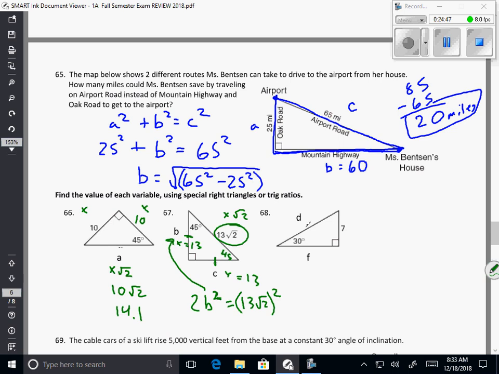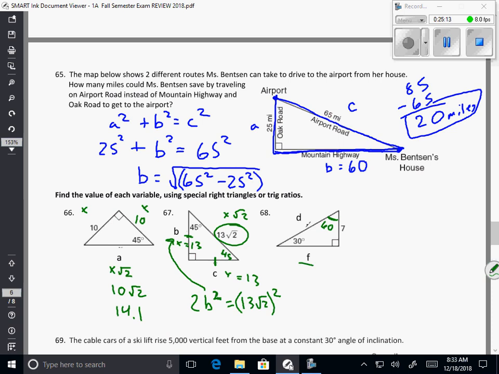On 68, we have a 30, 60, 90. This is 30 degrees. This one's 60 degrees. So again, we can use trig. This would be adjacent to the 60, but opposite the 30, so you could use either sine or cosine.